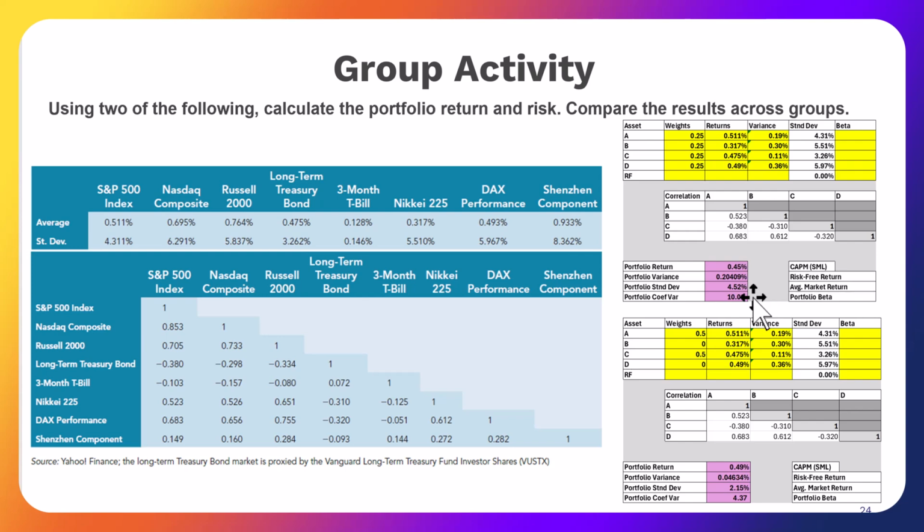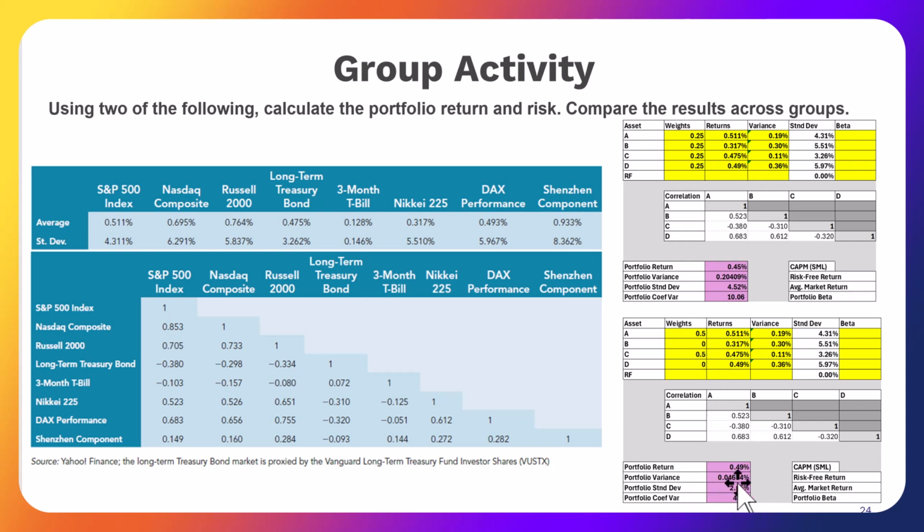Another thing that I did here is I said, well, what if I just put 50% in asset A and 50% in asset B, which is stock and bond? What would that give me?